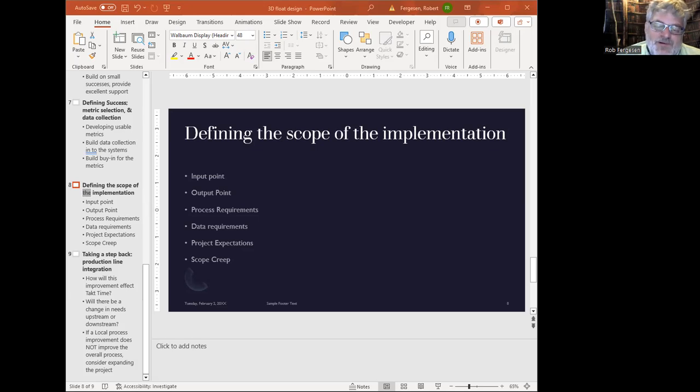And the reason why we talk about the scope of implementation is to make sure that you know what you're going to do ahead of time. And we start off with input. What is the input point? Where does this system start? And then we go to output. Where does the system end? In other words, what's the part that you're going to deliver to the next step, the next operation, shipping, storage, whatever it is? Where does this system end?